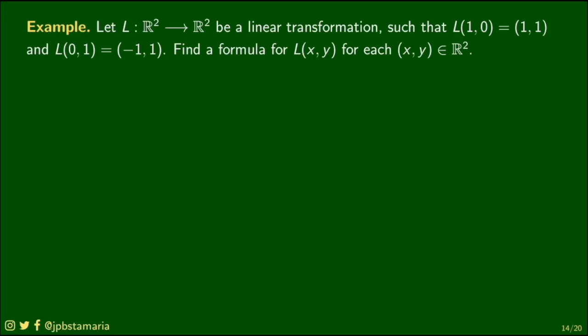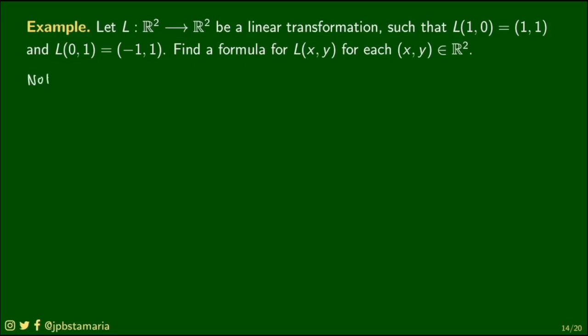Find a formula for L of (x, y) for each (x, y) in the plane. So, here, we have two pieces of information. One, we are given that the image of (1, 0) is (1, 1). Also, the image of (0, 1) is (-1, 1).